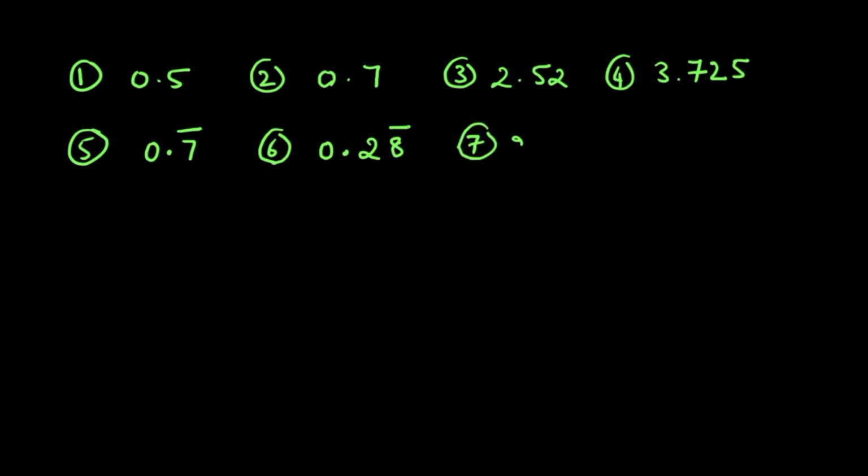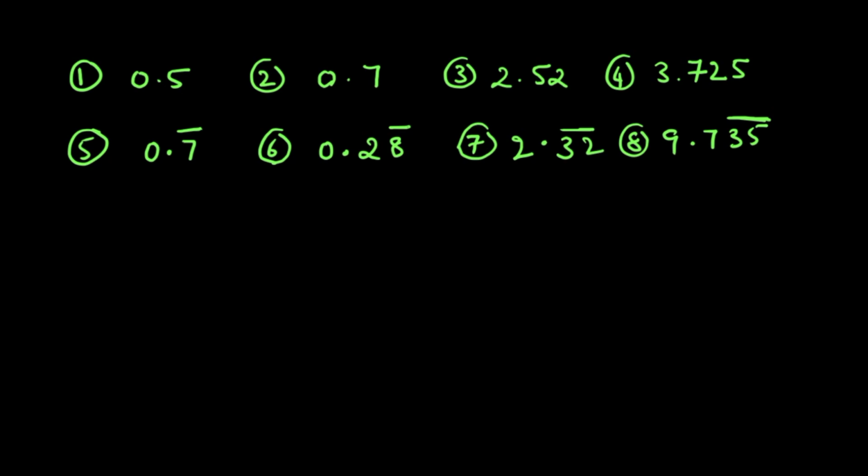One mixed number I am giving: 2.37, where both digits 3 and 7 have the bar. And 9.735, where only 35 has the bar. So these are non-terminating recurring decimals.